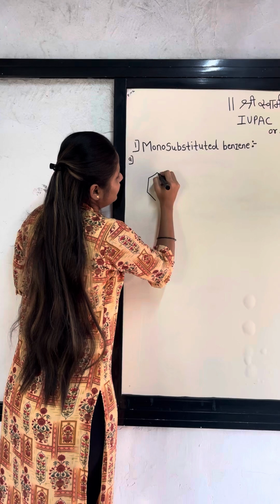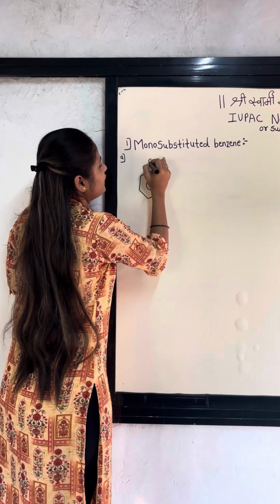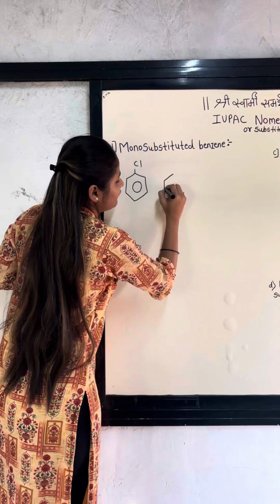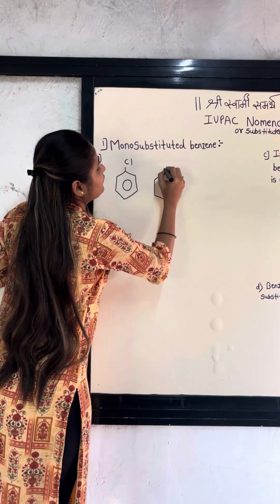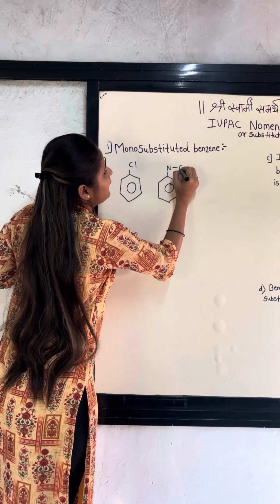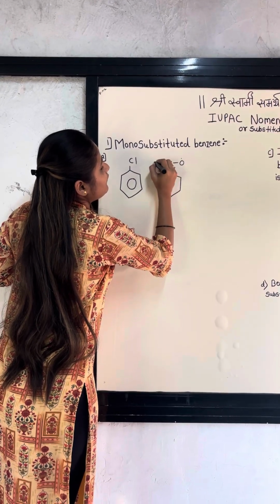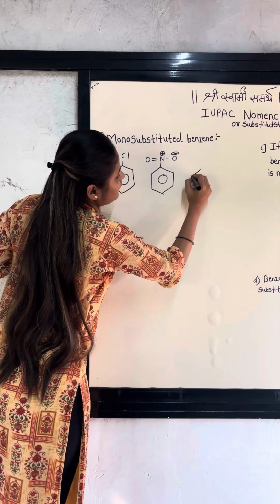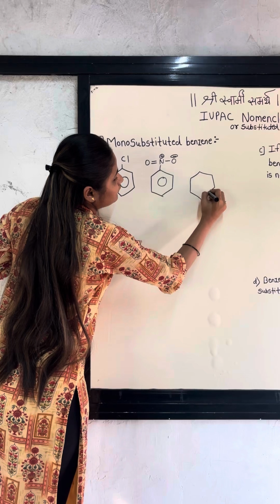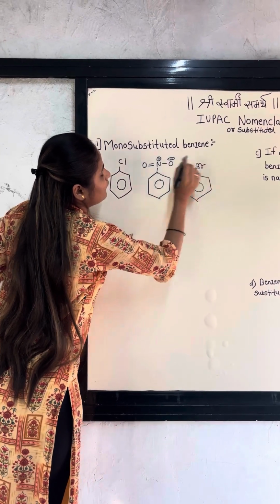Here I will draw the benzene ring with a chlorine atom. Here is taken the benzene ring. Okay.